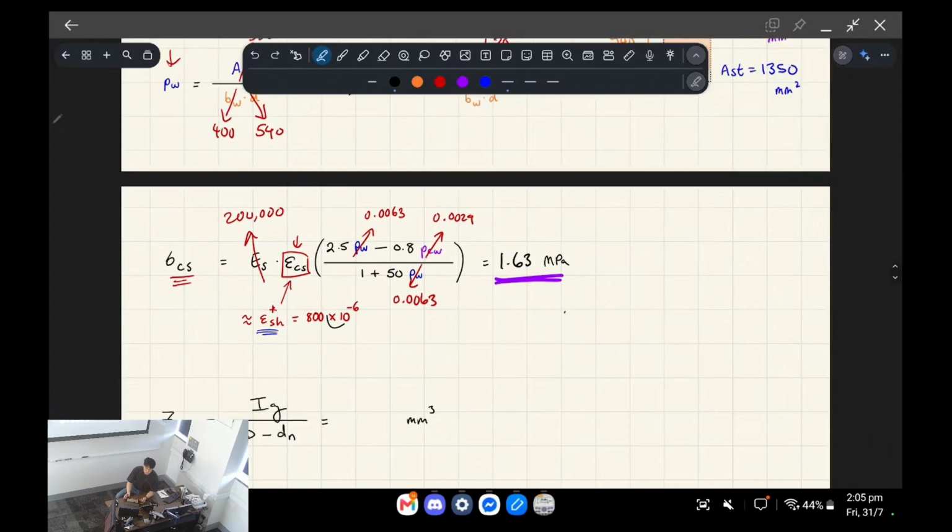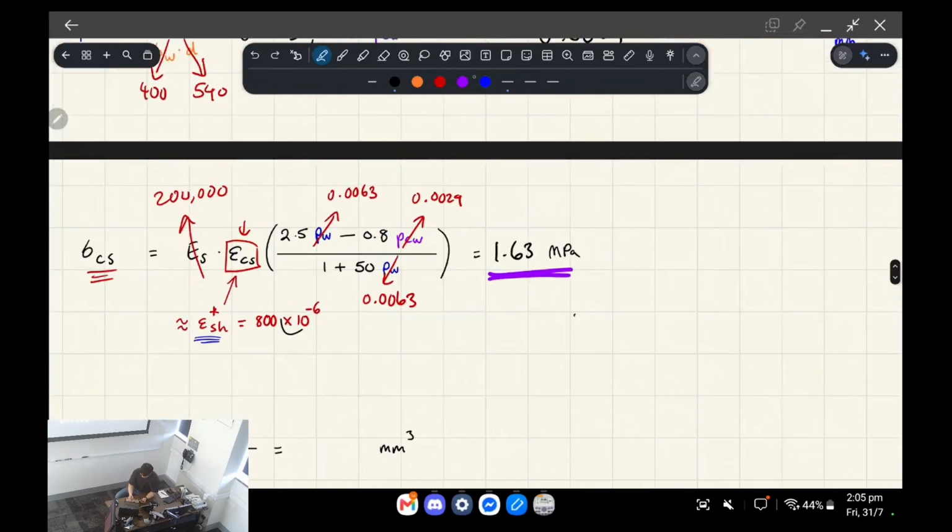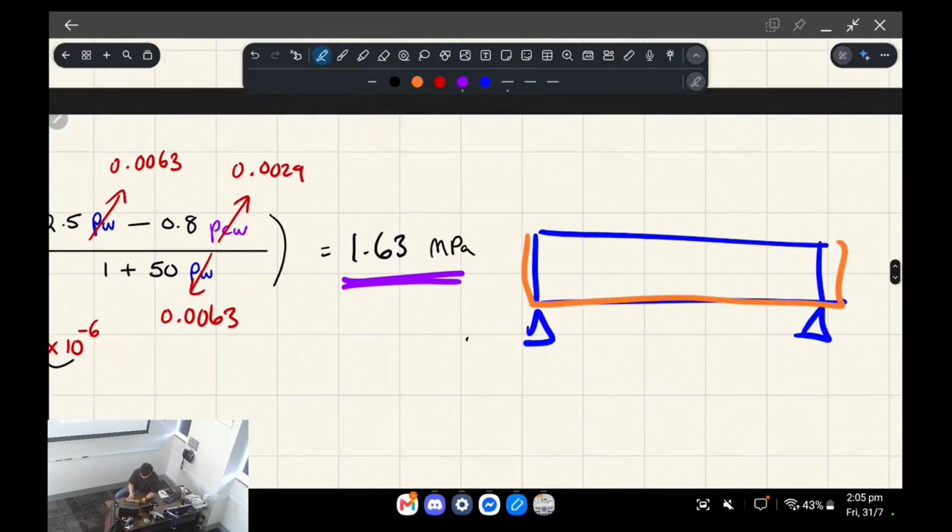So what does this number physically mean? If you pour a concrete beam, and imagine this is formwork, the concrete's wet, and over time it's going to cure and dry. This drying process induces tensile stresses because the concrete is shrinking, and it wants to pull away from itself, basically.